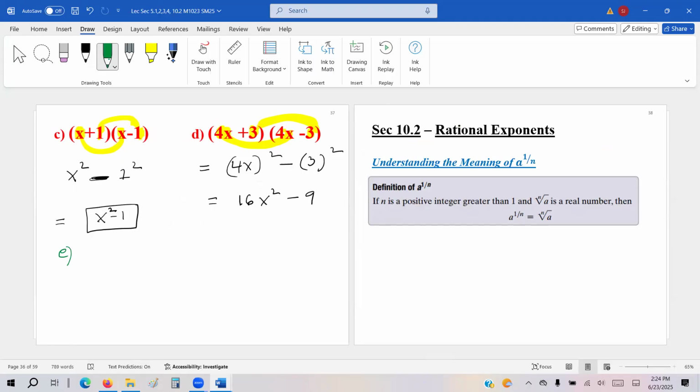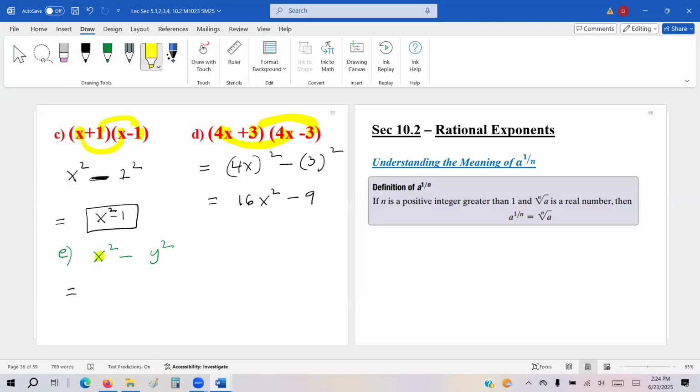Let's see, x squared minus y squared. Which two factors give us x squared minus y squared? Perfect.